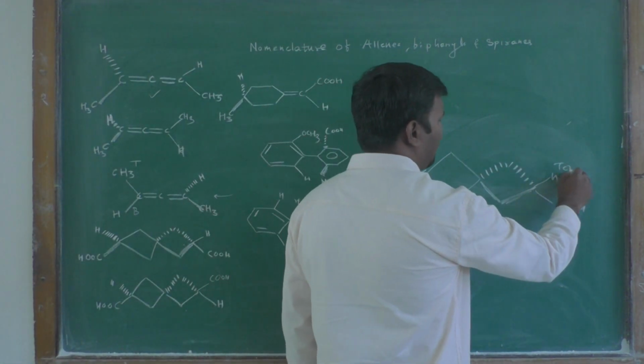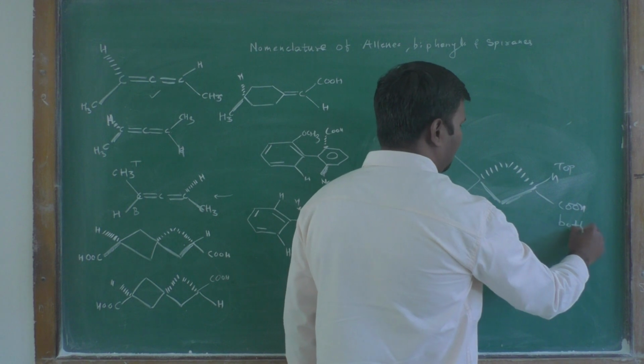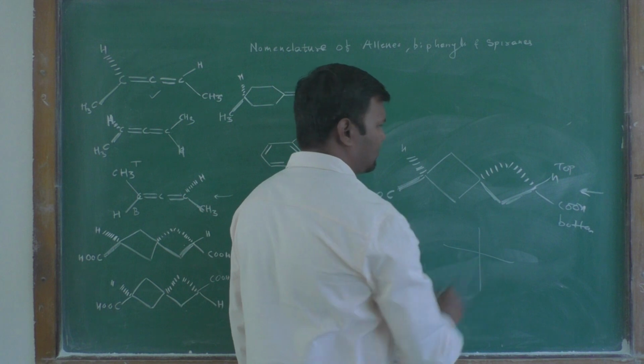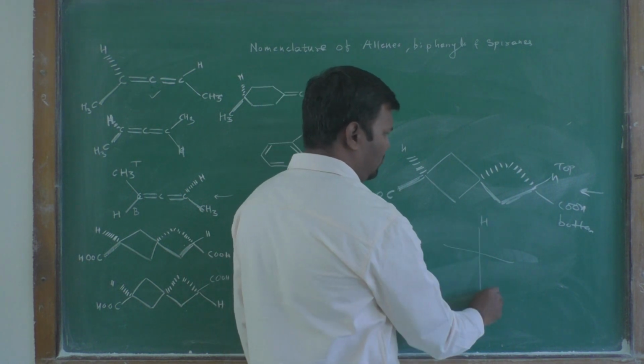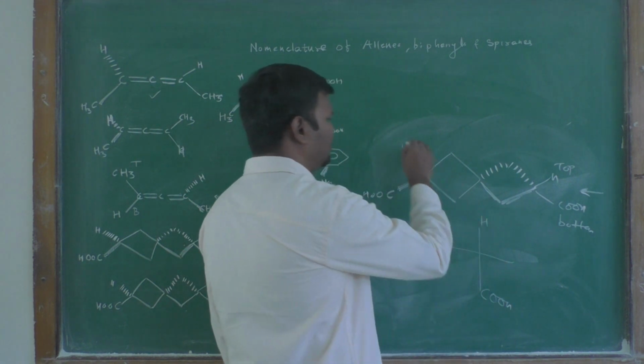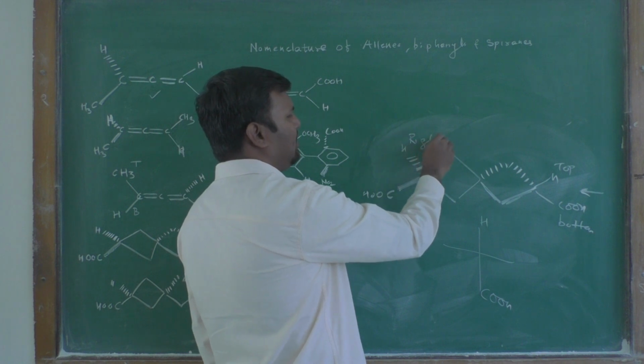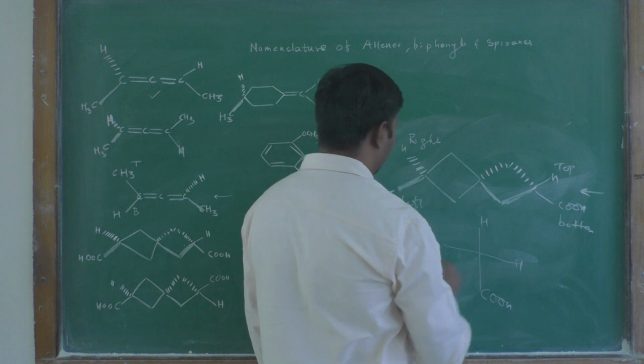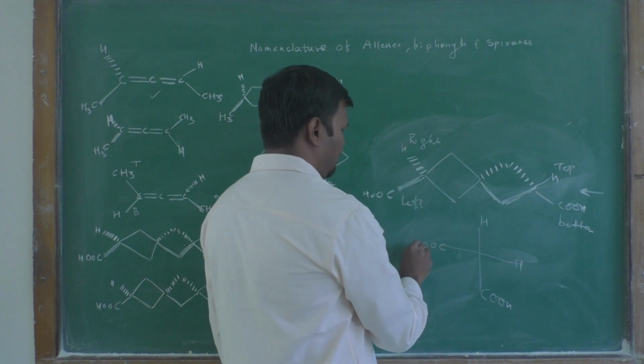That hydrogen is the top, that is the bottom, and you are looking from this side. When you look from this side, you find that the hydrogen is top, COOH is at the bottom, and this is your right hand side and this is left hand side. When you look from this side, on the right hand side there is a hydrogen, on the left hand side there is an acidic group.